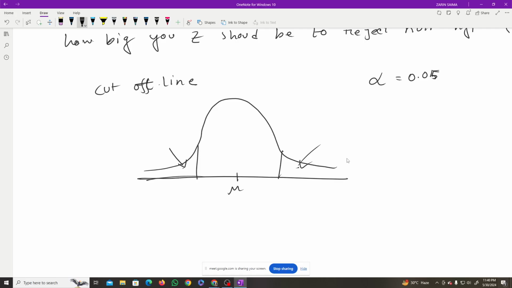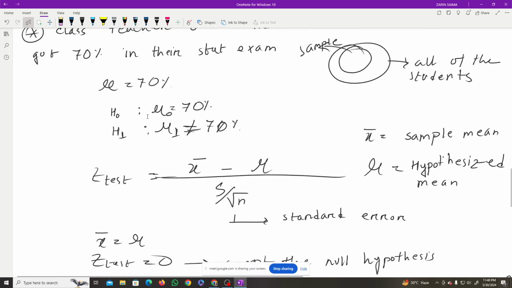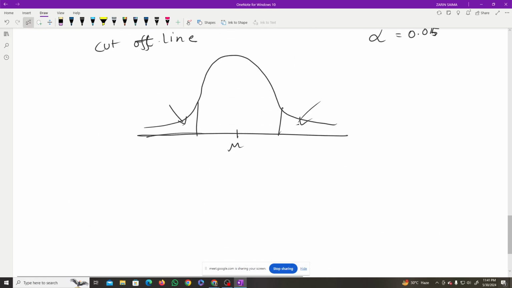Suppose your significance value is this, and since this is a two-tailed test, as your null hypothesis is that the average value is 70%, and your alternative hypothesis is that the average value is not 70%, it can be less than 70% or more than 70%. For this reason, this is a two-tailed test.